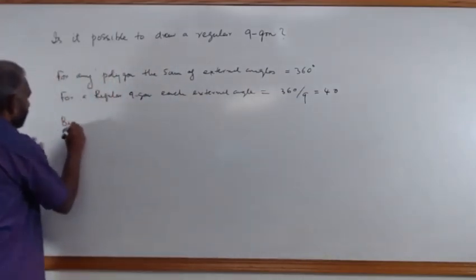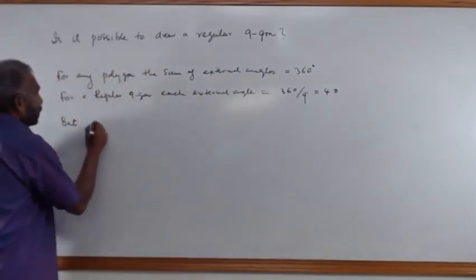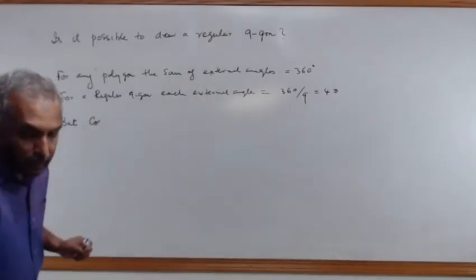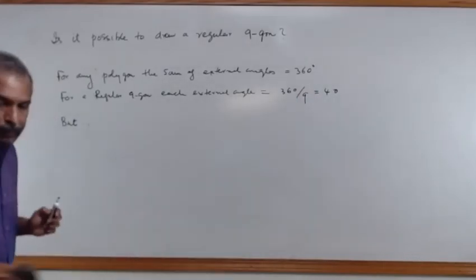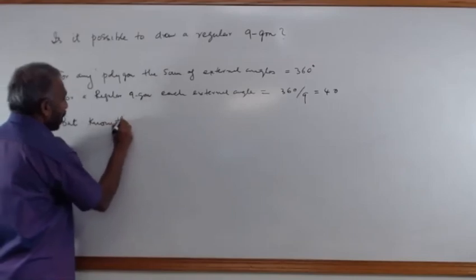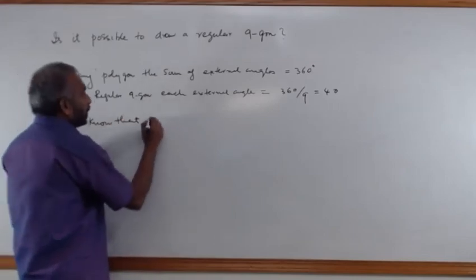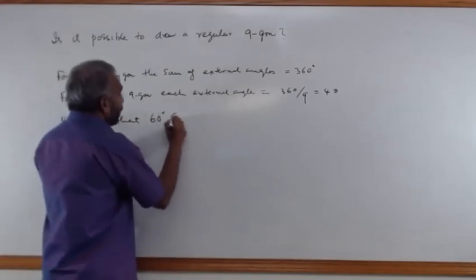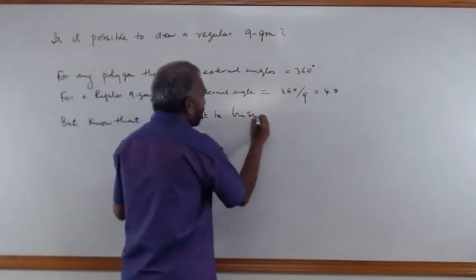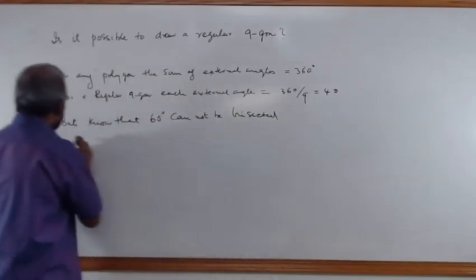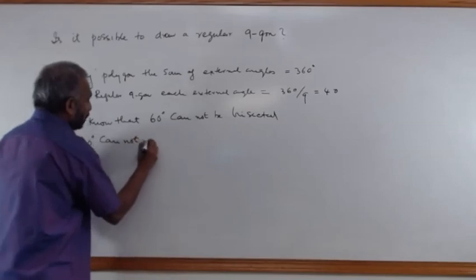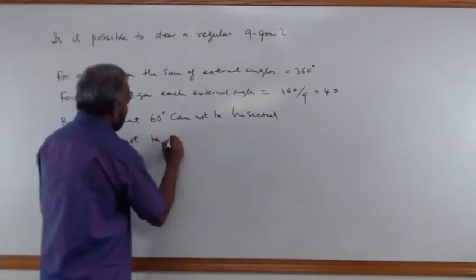But we know that 60 degrees cannot be trisected. That implies 20 degrees cannot be constructed.